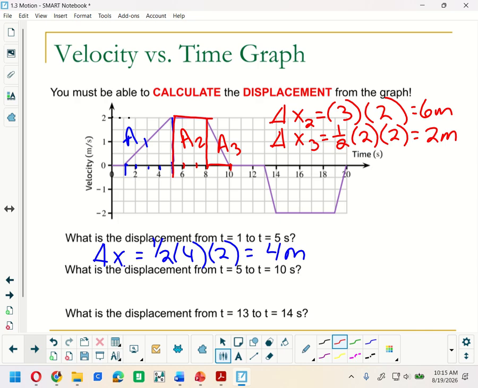So my displacement from 5 to 10 would be right there. That's from 5 to 8, and this one here is 8 to 10. To get both of them together, I add my two displacements, which gives me a grand total of 8 meters. There you go.